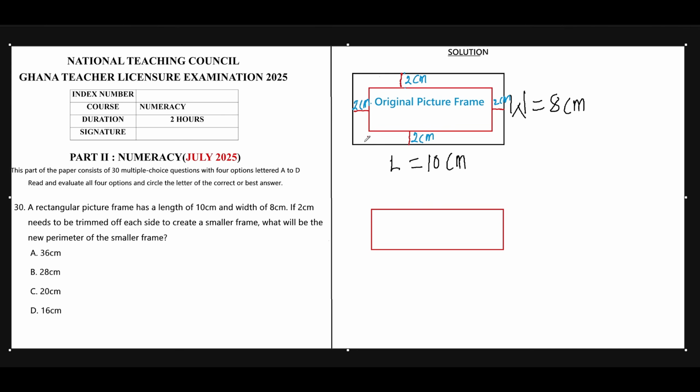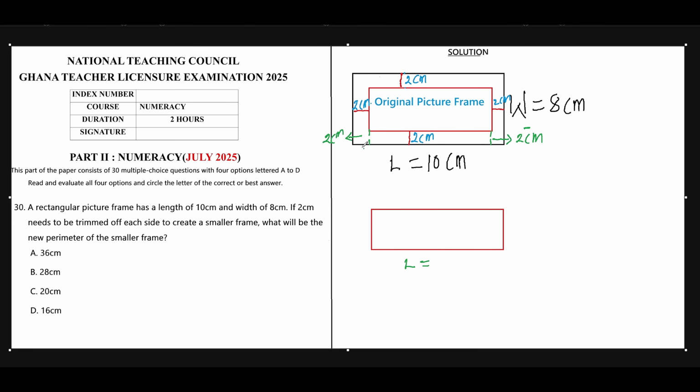So let's see the length. What will be the length of the new frame or the trimmed frame? So the full length here was 10 centimeters and 2 centimeters has been cut off, and also with this side, 2 centimeters has been cut off.